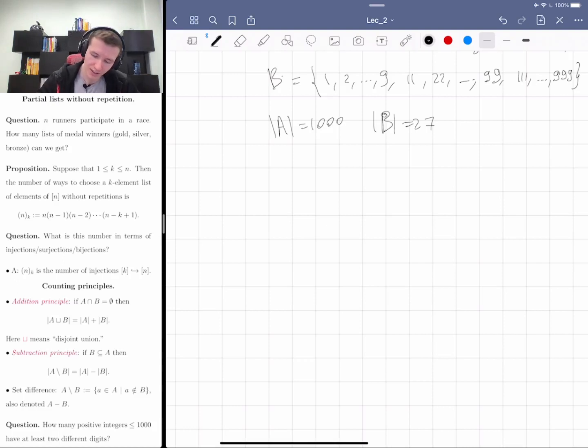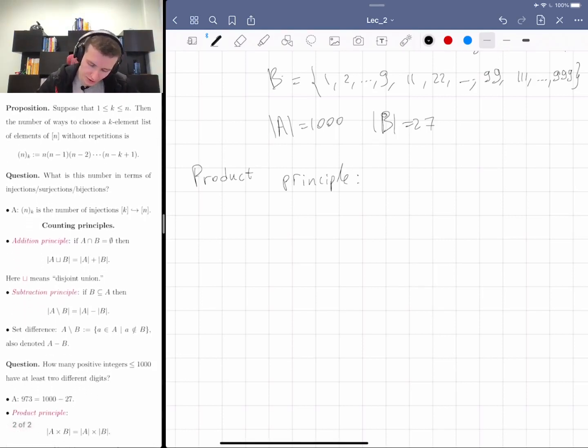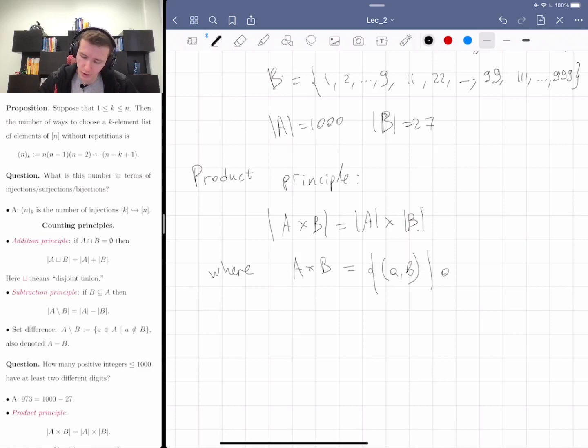Okay. So the next one is the product principle, which is that the size of A times B is equal to the size of A times the size of B, where by definition the Cartesian product of two sets is the set of all pairs (a, b), where a belongs to A and b belongs to B. That's the product of sets.